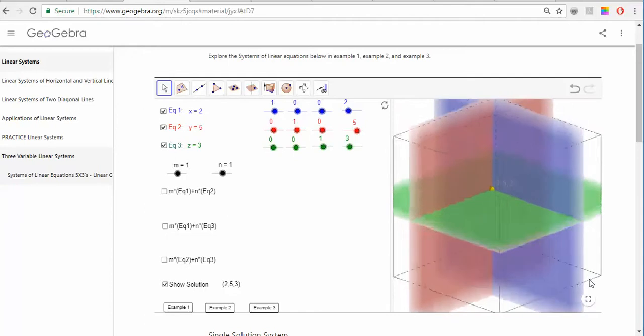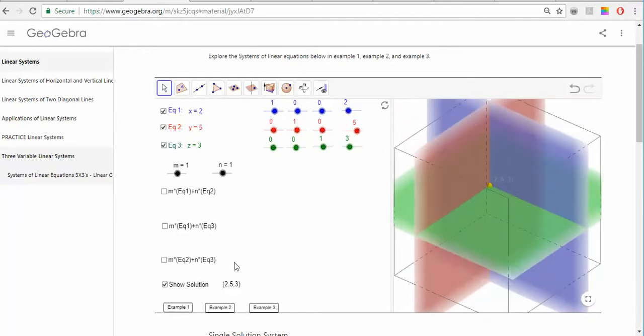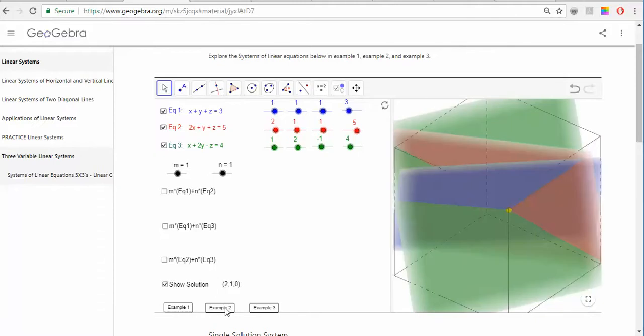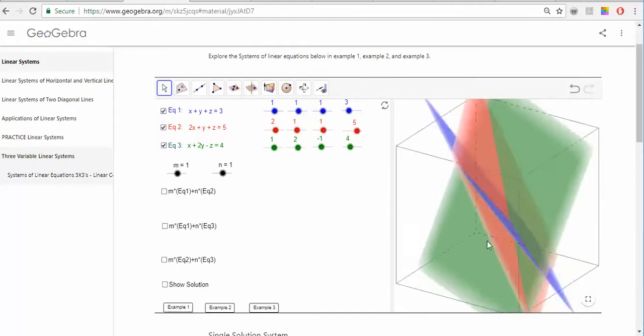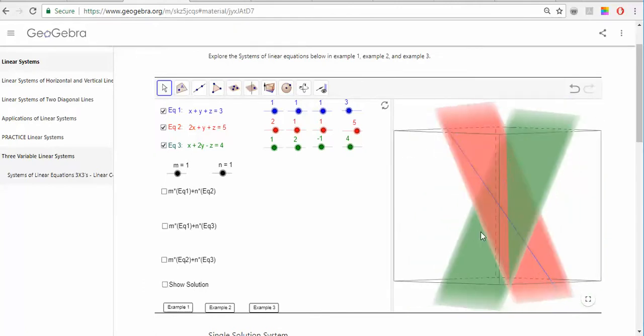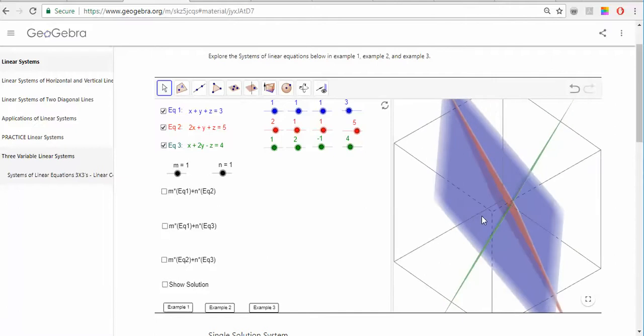That is just amazing. Now, the thing that's really amazing is that it itself has examples built into it. So if I click on example 1 or example 2, it gives me a different system. It gives me this system, and I can toggle on or off the solution. Now, it's hard to see in that particular viewpoint, so you kind of have to move it around.